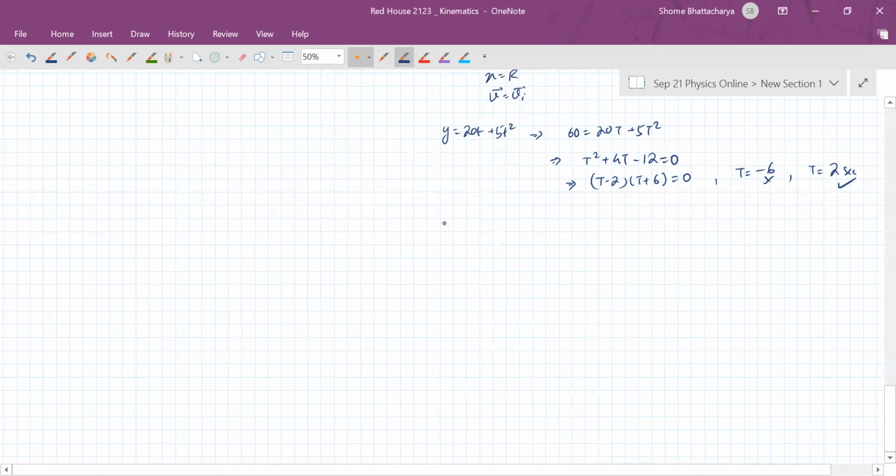So now at t equal to capital T, which is 2 seconds, the x coordinate is the range. So the range is going to be 15 into 2, 30 meters.